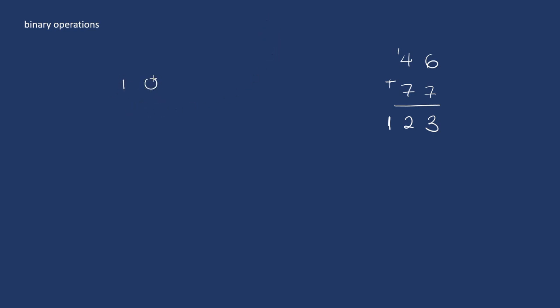Okay, so let's say we have 10110 plus 11011. Adding these together, 1 plus 0 is going to yield 1, and 1 plus 1 is 0. We know 1 plus 1 in binary is 10 in base 2, the same way 1 plus 1 is 2 in base 10.